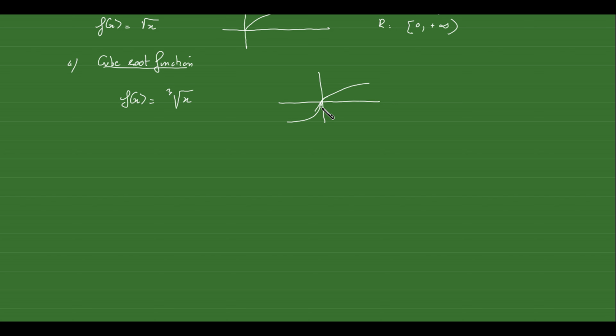You go through the origin. So the domain will be from negative infinity to positive infinity, and the range will go from negative infinity to positive infinity. It's very easy.